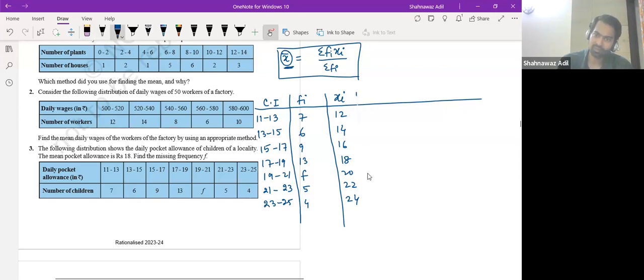So this is 84, and this is again 84, and then 144, then 34, and then 20F, and then 4896.